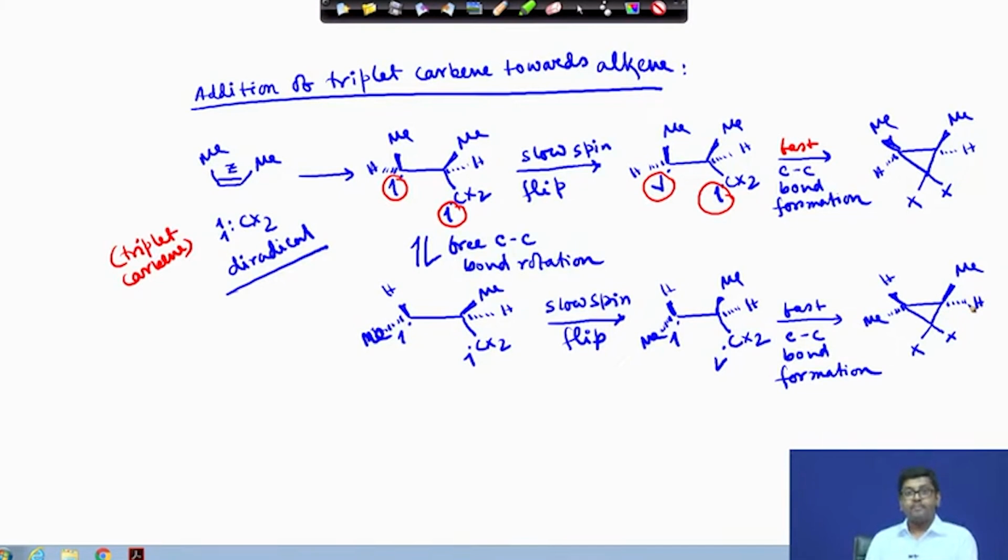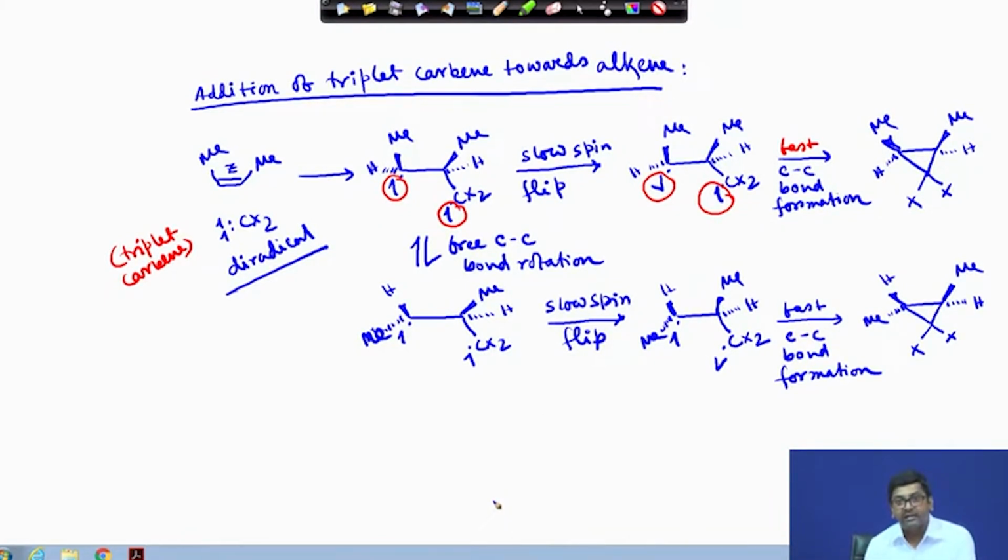So, if you see here, in the case of a singlet carbene only a single product forms, preserving the stereochemistry, but in this case there is a scrambling of the stereochemistry. Here I would like to mention that this spin flipping generally occurs through collisions with another molecule.